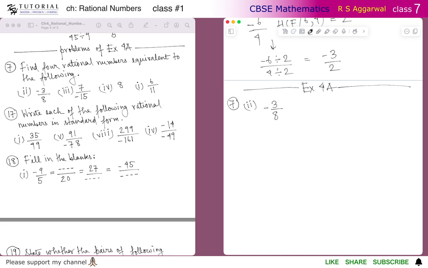So, what can we do? We can either multiply both the numerator and the denominator by some non-zero integer, or we can divide both the numerator and the denominator by some non-zero integer. Of course, that should divide both the numerator and the denominator.